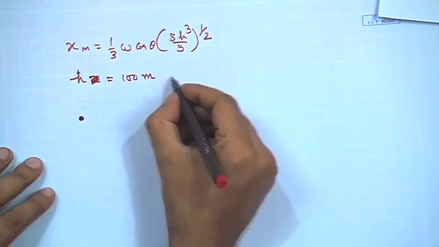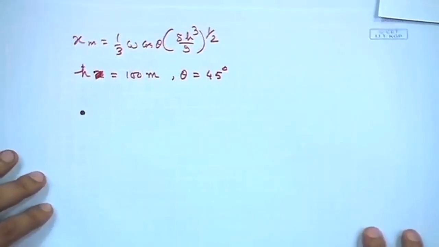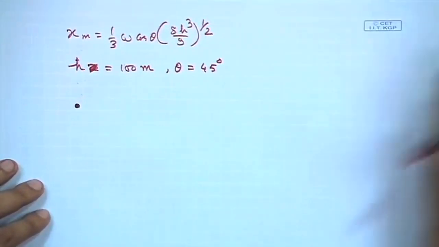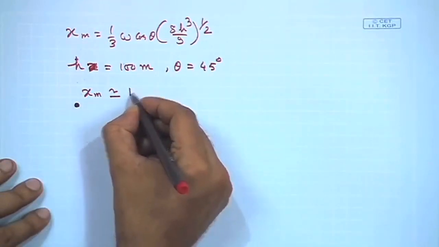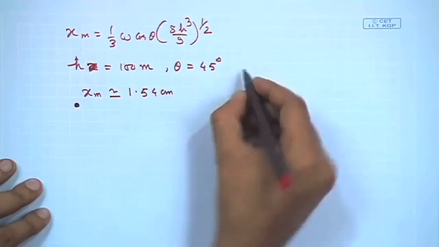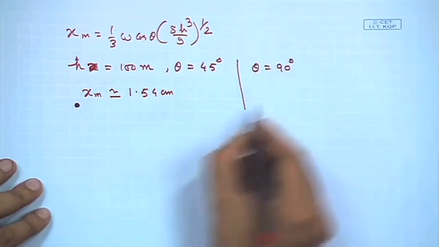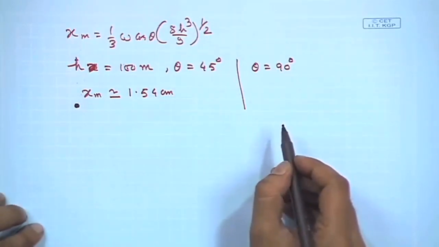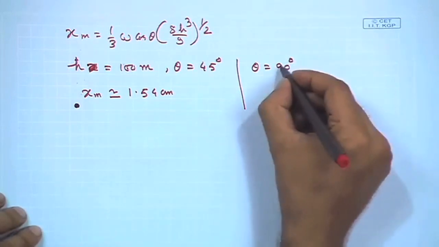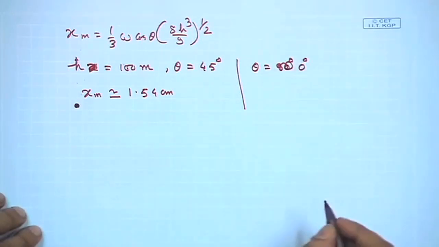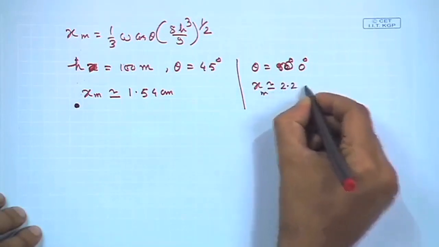For theta equal to 45 degrees, it does not matter if it is north or south, because it is a cos theta dependence, we get x m approximately 1.54 centimeters. And for theta equal to 0 degree, where we get maximum deviation, x m is equal to 2.2 centimeters.